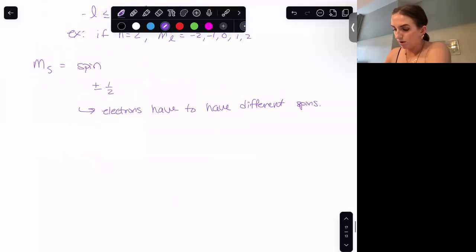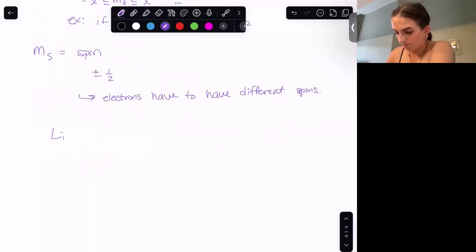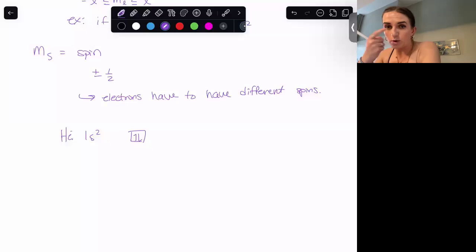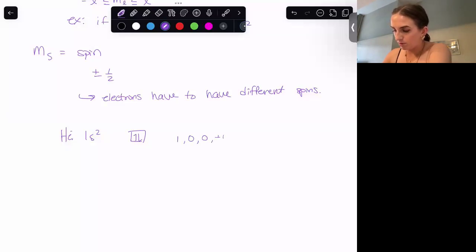Yep, so when we look at helium, this is just 1s2. So that means that we have an upspin and a downspin in its orbital. So if we're looking at quantum numbers, we can have 1, 0, 0, plus 1/2, which would correspond to the upspin, or we can have 1, 0, 0, minus 1/2, which would correspond to the downspin.